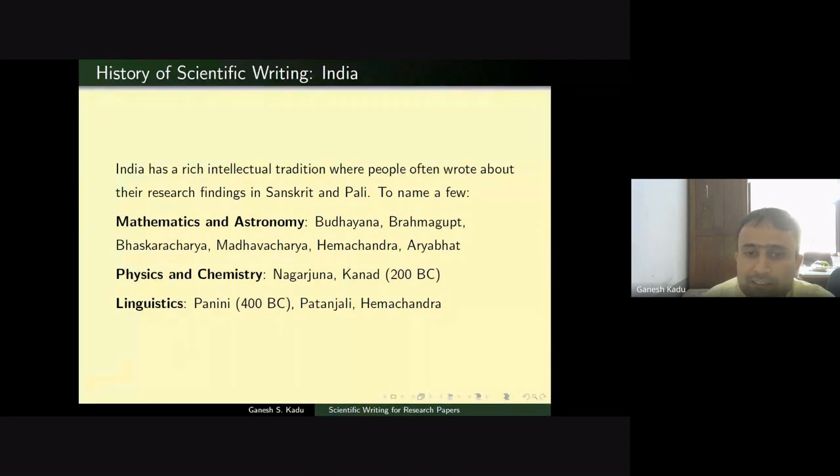He kind of defines language, the grammar of language, in about 4,000 very terse sutras, and it is very methodological, or if one wants to put it in modern terms, it is algorithmic.